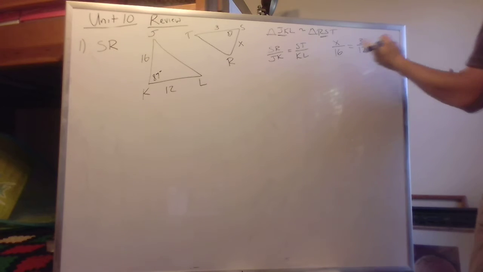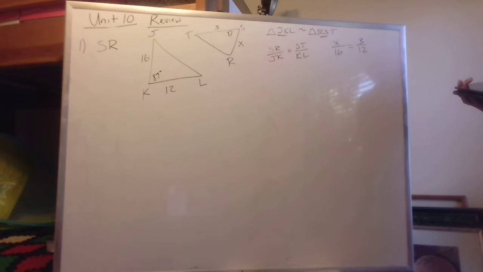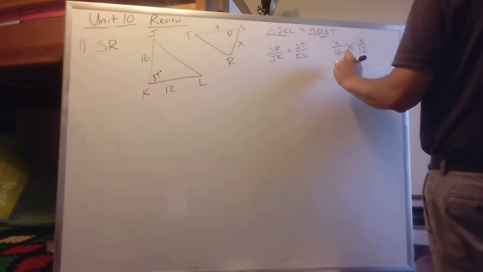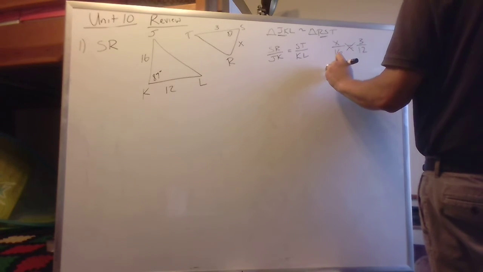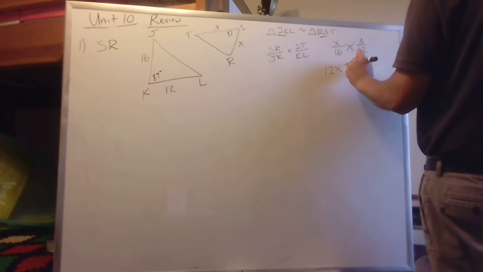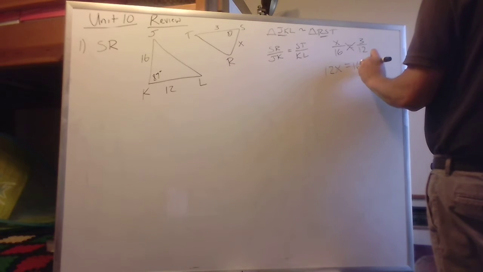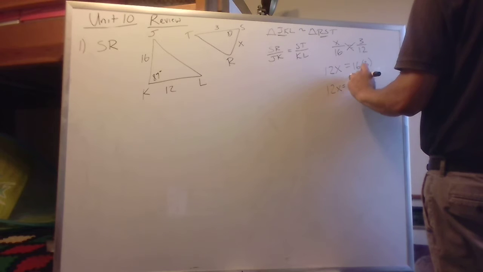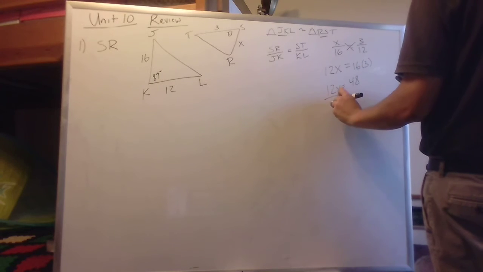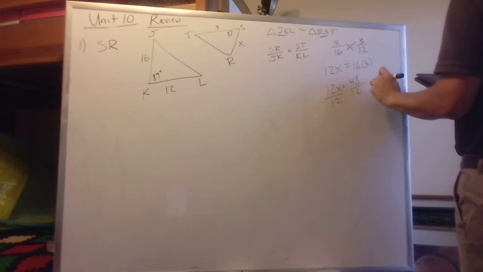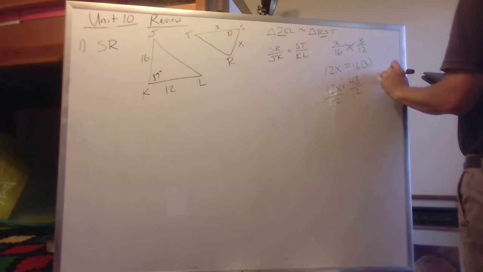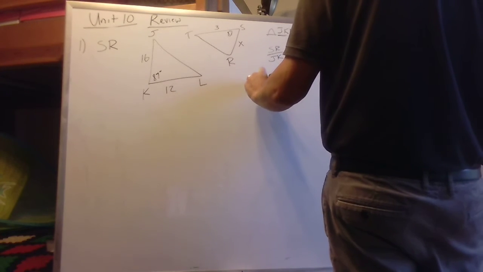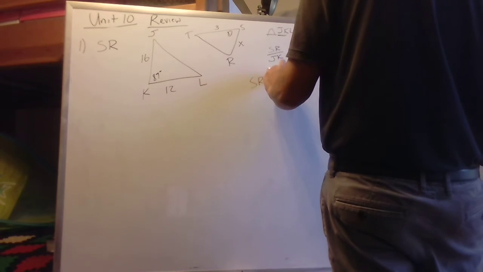And then so we have this proportion, X over 16 equals 3 over 12. We're going to just cross multiply now, and we're going to get 12X equals 16 times 3. So 12X equals 48. And then we divide both sides by 12. So X equals 4. So that means that side SR is equal to 4.